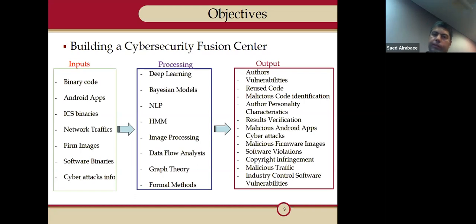The goal is that our center or framework accepts it, and then we use or devise state-of-the-art algorithms, analyze, and come up with output. The outputs: we are looking to tell you about the authors, if possible, what the vulnerabilities or bugs are, which is kind of ethical hacking, what the reused code parts are, whether it's really malicious code or benign, what the characteristics are, verify some results. So there are too many, basically.